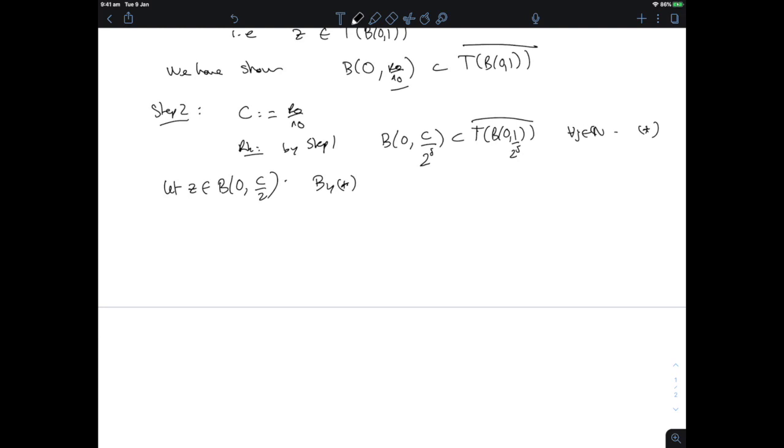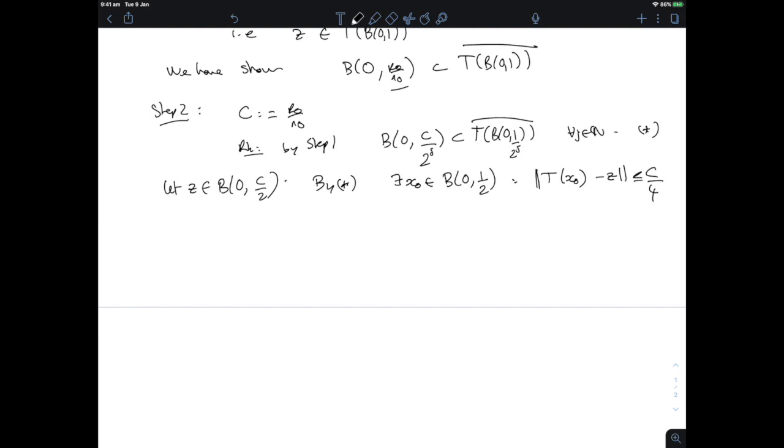So by star, because I'm in B(0, c/2), there exists an x0 in the ball centered at the origin with radius 1/2, such that T of x0 is close enough to z. I mean the closure, so I can pick my x0 such that this is arbitrarily small, and I could pick it smaller than c over 4.